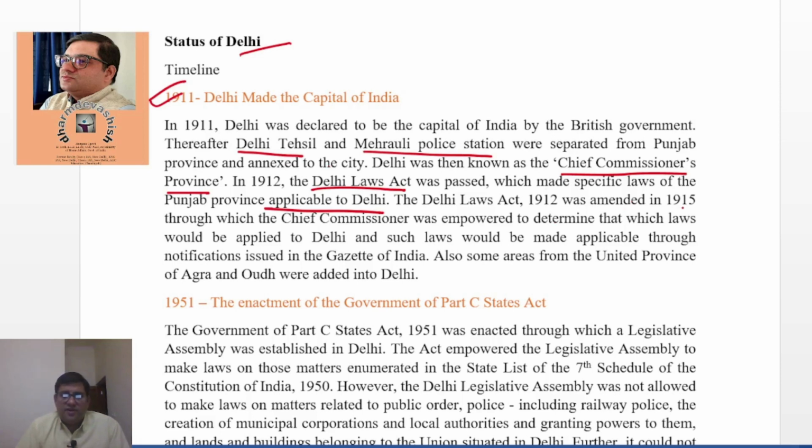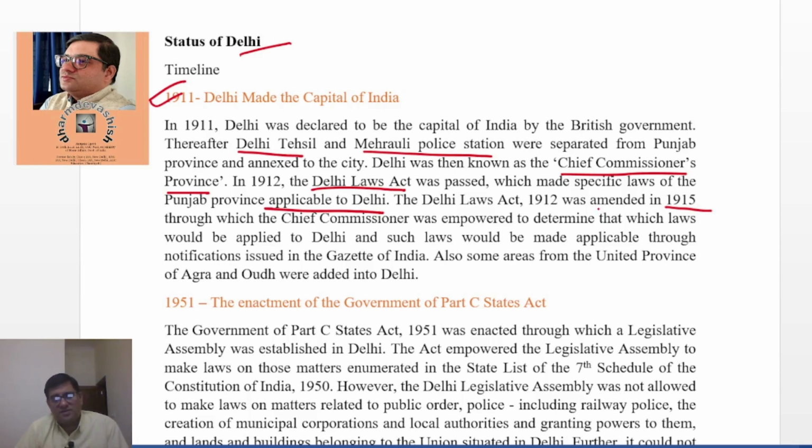In the year 1915, this Delhi Laws Act 1912 was amended, and through this amendment, the Chief Commissioner of Delhi was given the powers to determine what all laws from the Punjab province would be made applicable in the Chief Commissioner's province of Delhi. The decision of the Chief Commissioner in this regard was to be notified through the government gazette, the Gazette of India.